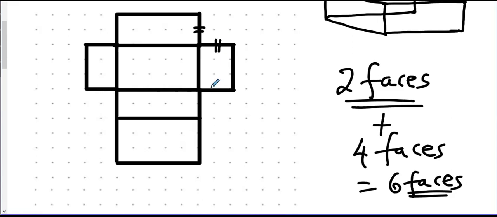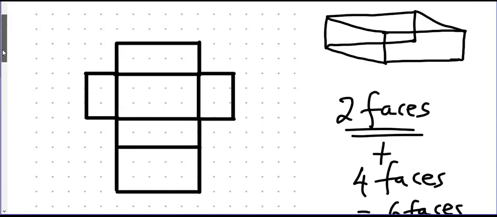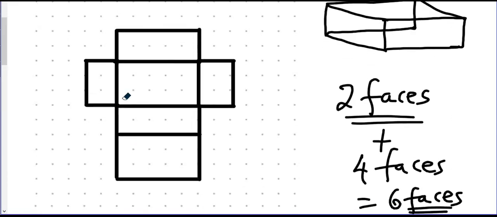So this side should be equal to that side. Also this side should be equal to this side. Also this side here should be equal to that side. Likewise, this side here should be equal to this side. So that when you close this net, you should end up getting a cuboid. And this is how your cuboid should look like. This is the net of a cuboid, okay? So this is the idea behind it.